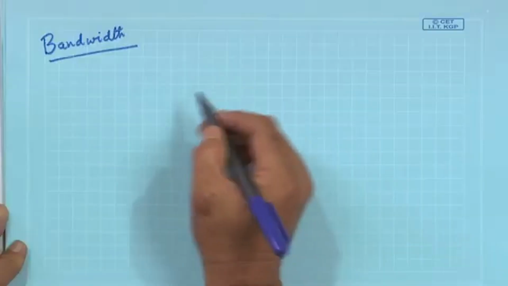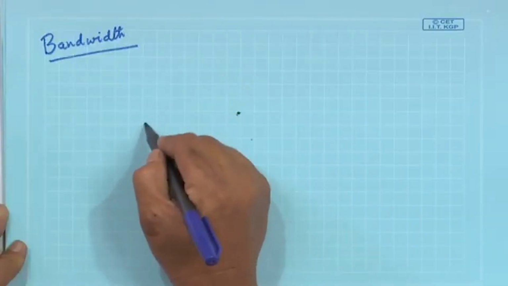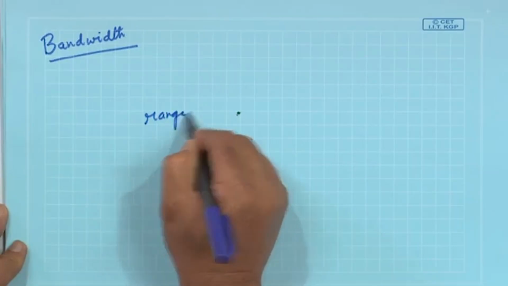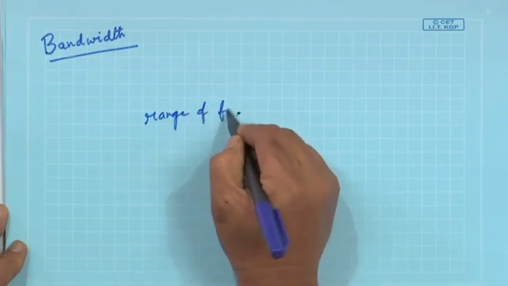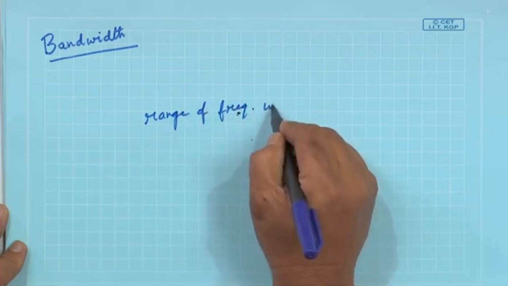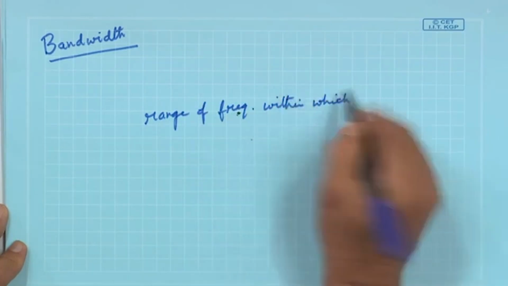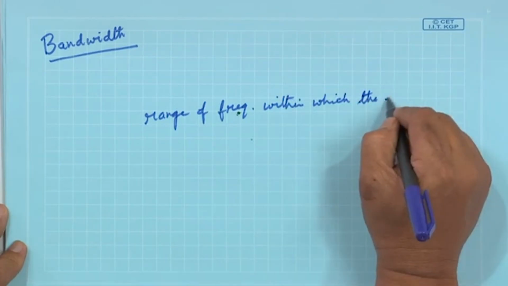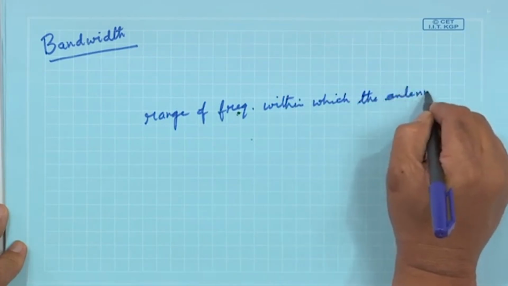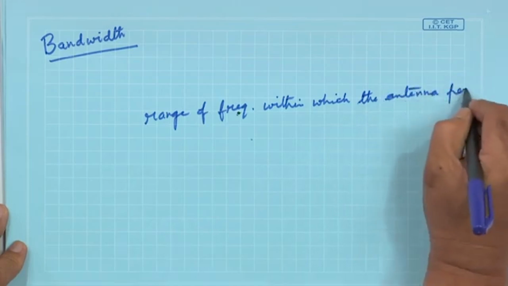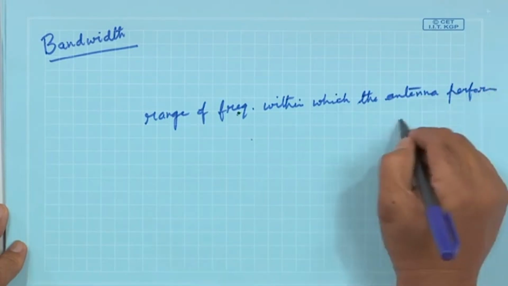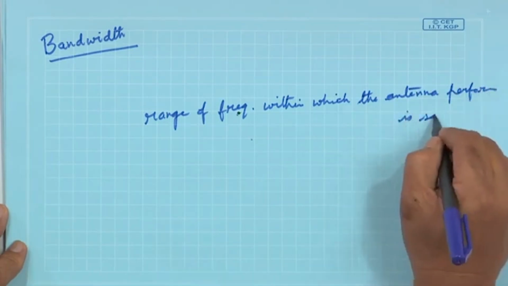conforms to a given or specified standard or specification. So, I can say bandwidth is nothing but a range of frequency within which the antenna performance is satisfactory.